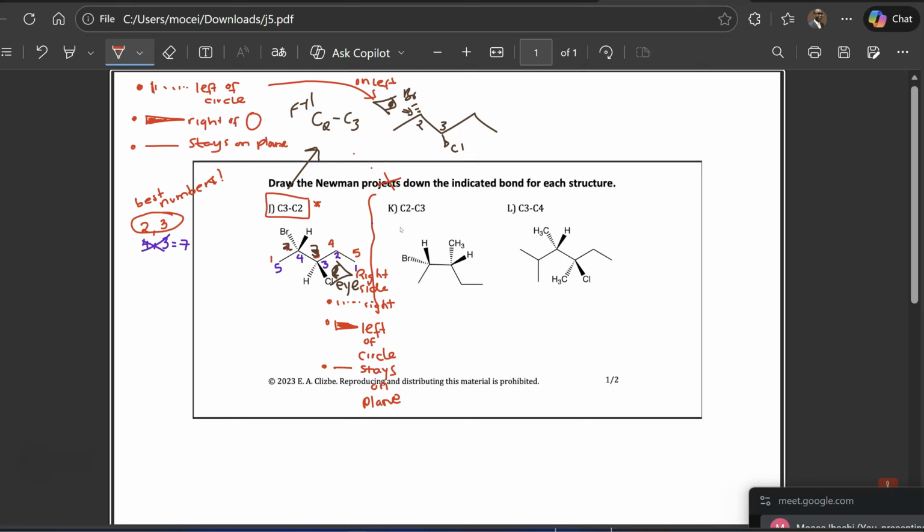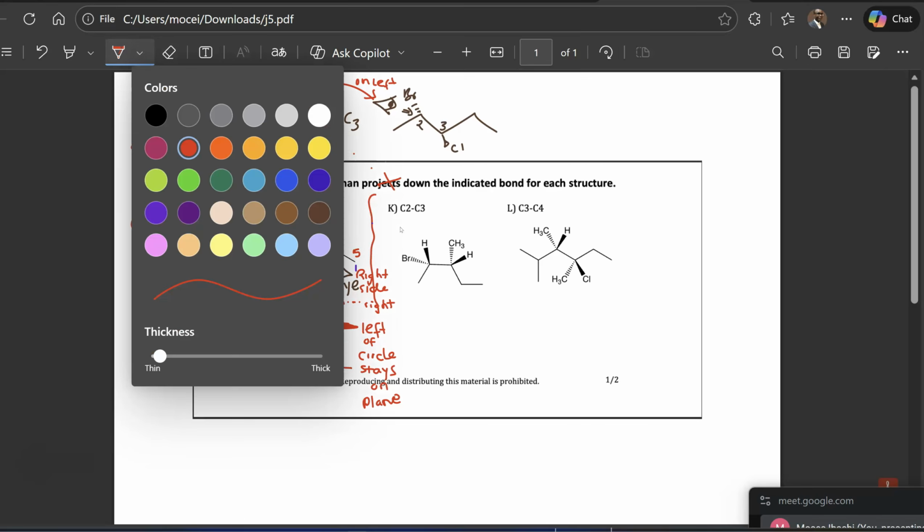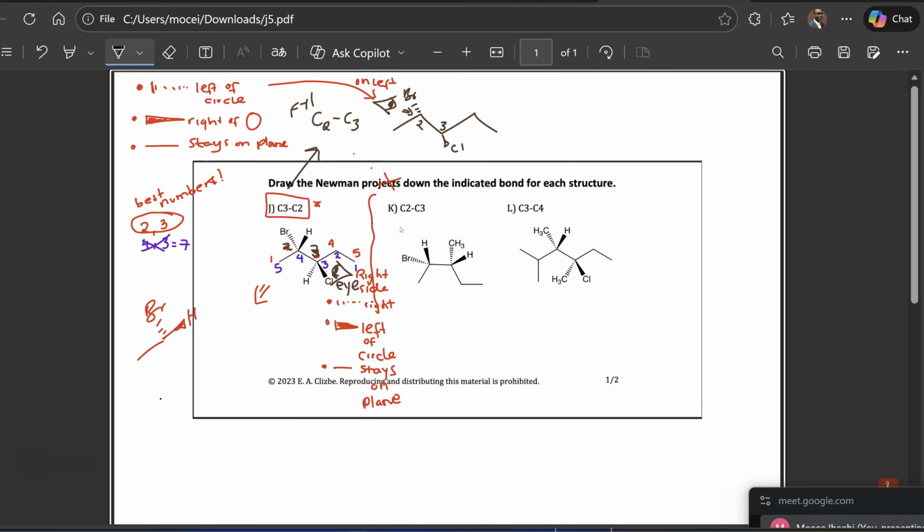Okay. So now let's draw. I want a fresh diagram, and I'm going to use color code because you are a visual learner. I'm doing this just to make things very clear.